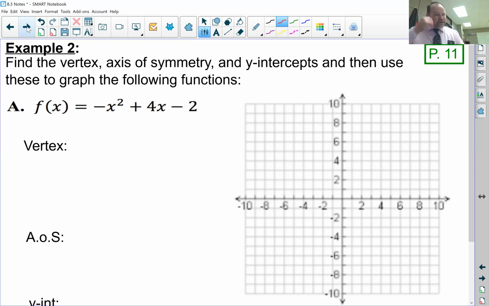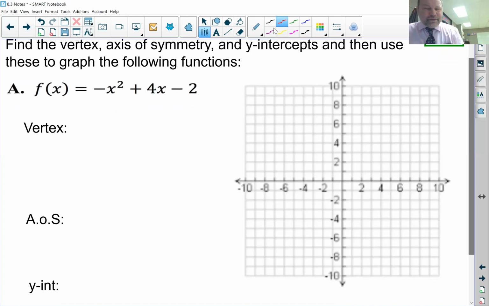Others, when you had to do the graphs, just did 1 point on each side for a total of 2 points. So we should have a total of at least 5 points when we graph the vertex, and then 2 points on each side of the axis of symmetry. And so I will do my best to model that as we go through these examples.